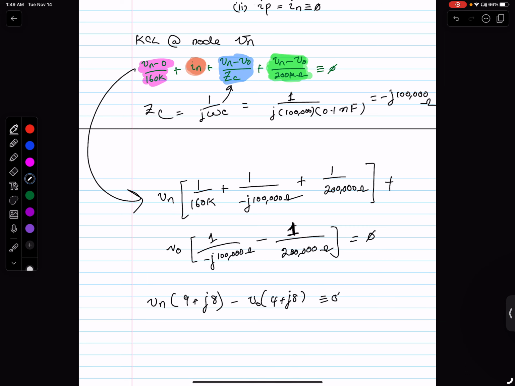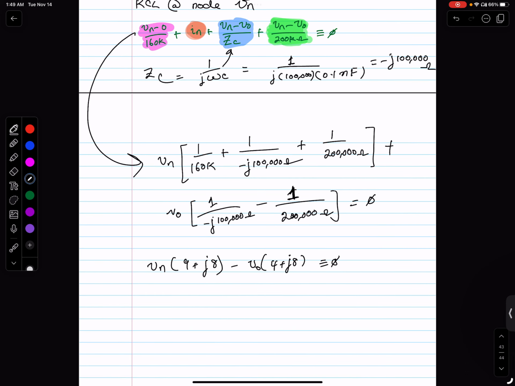All of that is 0. Or in other words, V output equals Vn times 9 plus J8 by 4 plus J8. That's V naught.